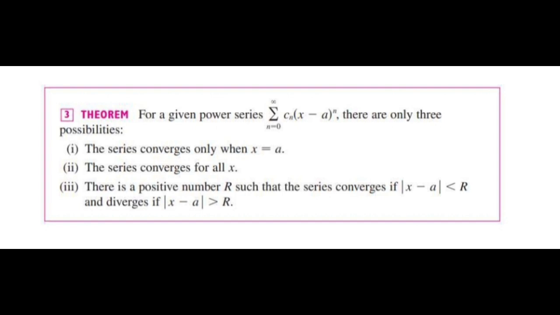We then must check the endpoints, x equal to a positive and negative, separately, as the convergence tests often give no information when the limit L equals 1. So the theorem discussed earlier is our guideline in finding convergence. Here are some examples.